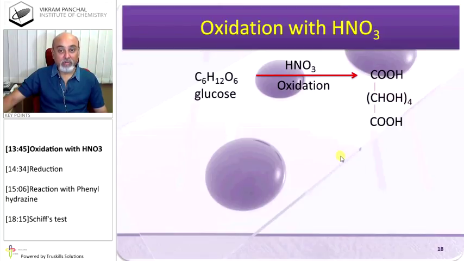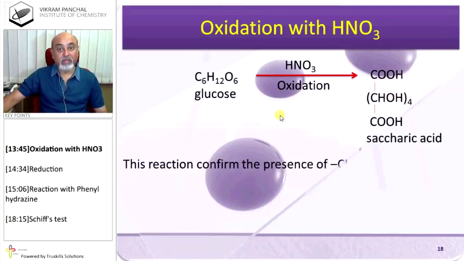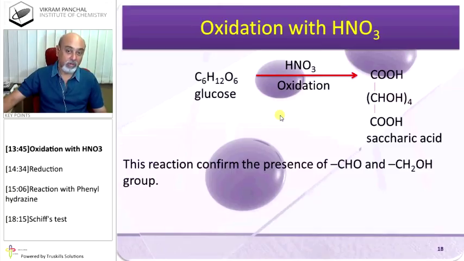So it is a dicarboxylic acid, and therefore it confirms that glucose must be having one CHO group and one primary alcohol, because primary alcohol on oxidation with a strong oxidizing agent can give acid. So this way, glucose confirms CHO and CH2OH group.